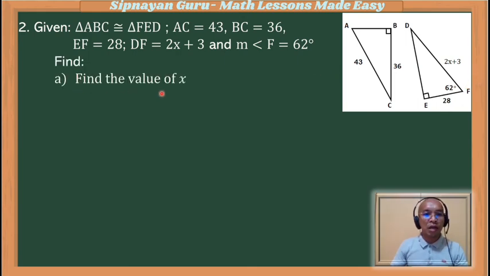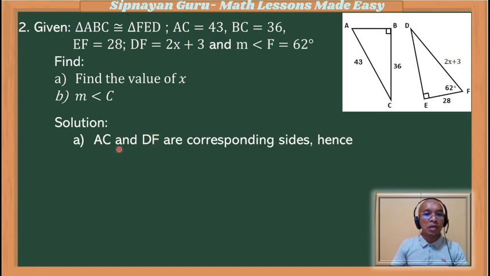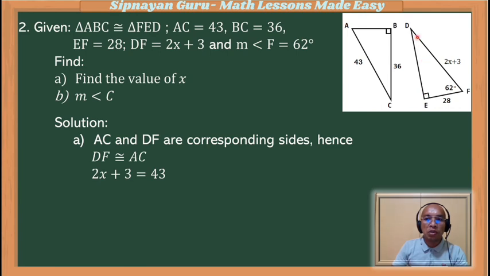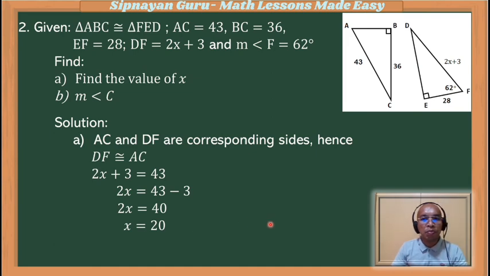We were asked to find the value of x and the measure of angle C. First, AC is congruent to DF, and they are corresponding sides, so we can equate them. The measure of DF is 2x plus 3. The measure of AC is 43. So 2x equals 43 minus 3 by the addition property of equality. Then 43 minus 3 is 40. Solving for x, the value of x is 20.